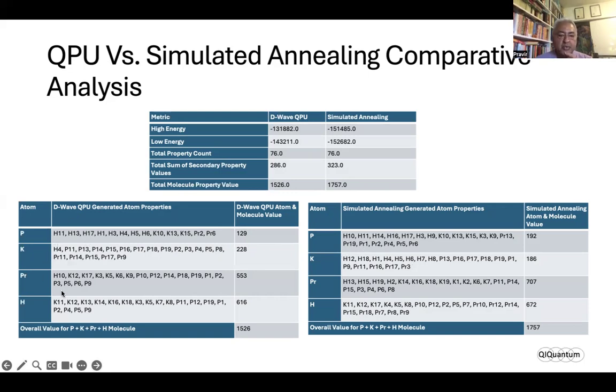So in this setup, what I actually asked the computer to do, or the way I set up the QUBO, was you had a molecule that had four atoms. Each atom had a primary functional property that derived from one of these four sets that originally was obtained from generalizing the properties of carbon.